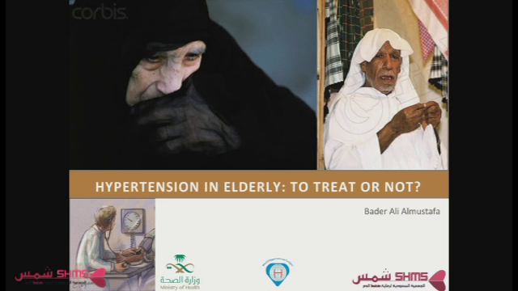This is my father or grandfather, my mother or my grandmother. I guess there is no home in Saudi Arabia without a hypertensive father or grandparent. So we need to give them some care.